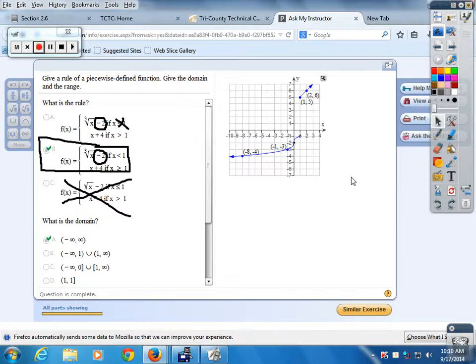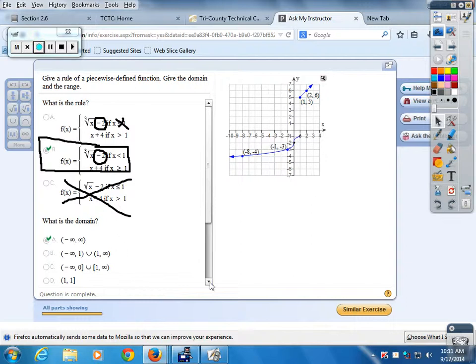Okay, why wouldn't it be B? Because they both stop on 1, but then it shows that it keeps on going. Like I said, x goes here, and then it picks up here and goes there. So your x values, negative infinity to positive infinity. Your y values go from negative infinity to negative 1, then it stops and starts at 5 and goes to infinity.